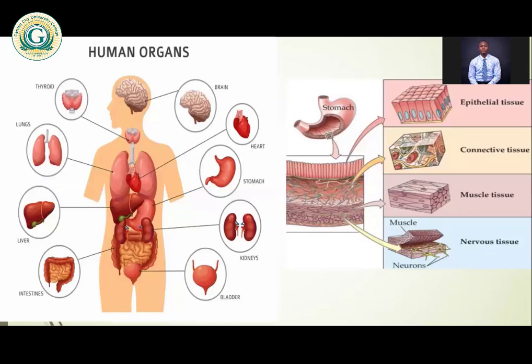Probably we can discuss that in our next class: the different tissues that make up each organ in the system. When you take the brain, which tissue makes up the brain? The heart? The stomach, kidney, bladder, intestines, liver? Which tissue types make up these organs? We can look into that.